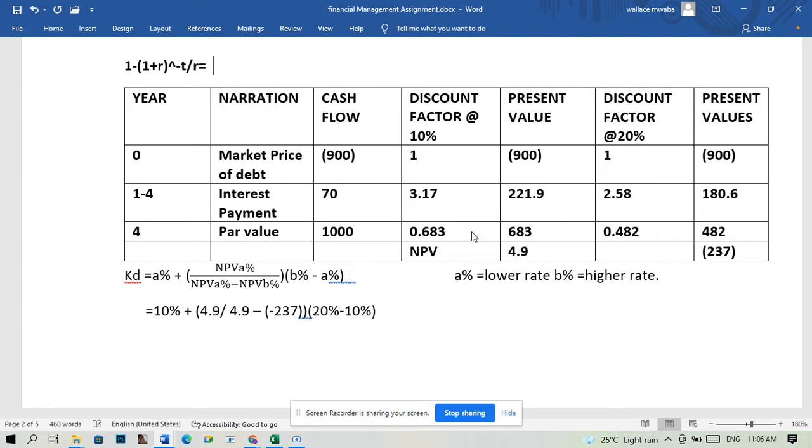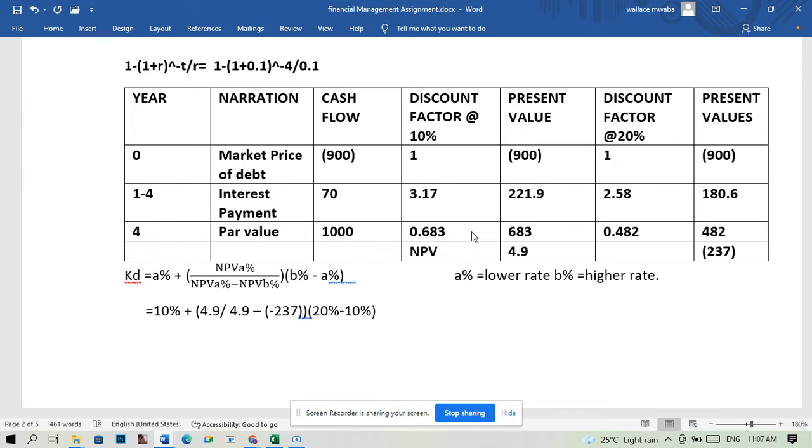So we're going to say it's going to be 1 minus 1 plus r, where r is 0.1, to the power negative 4, divided by 0.1.